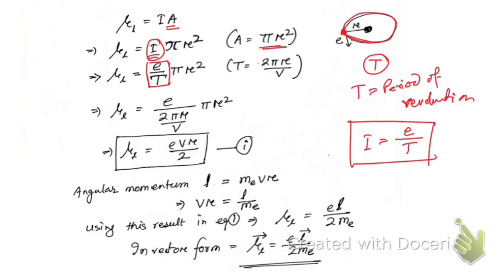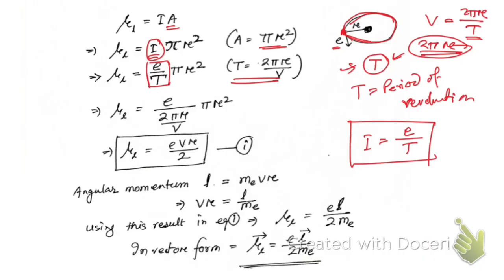Now if T is the time taken by the electron to complete one revolution with speed v, then the distance covered in T time is 2 pi r, which is the circumference. So v is equal to distance 2 pi r by time T. So time T will be given by this expression.